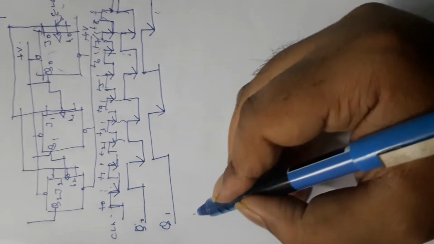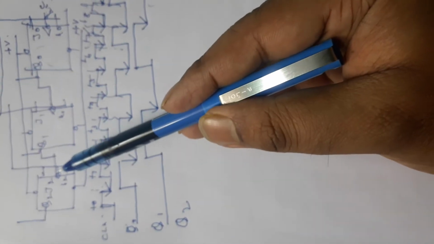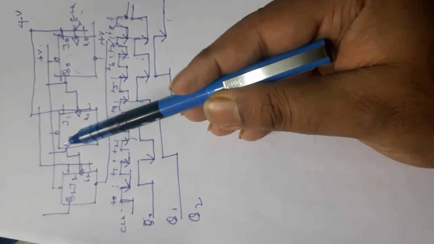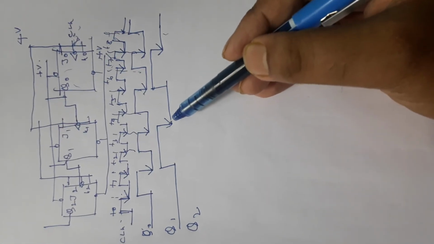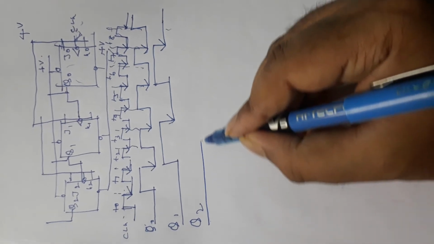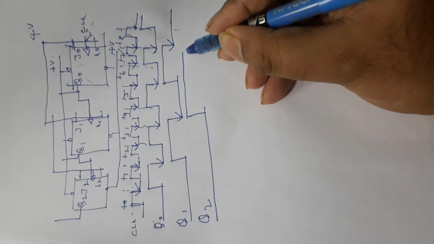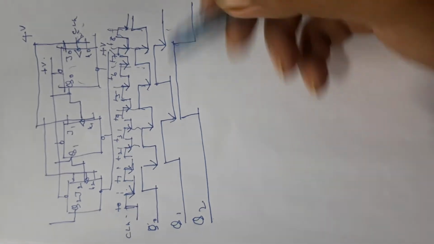This Q2 is going to toggle on the negative edge of its clock, and this clock is nothing but Q1. Let us start with low, and whenever the negative edge comes, it will be high, and on the next negative edge, it will be low, right?